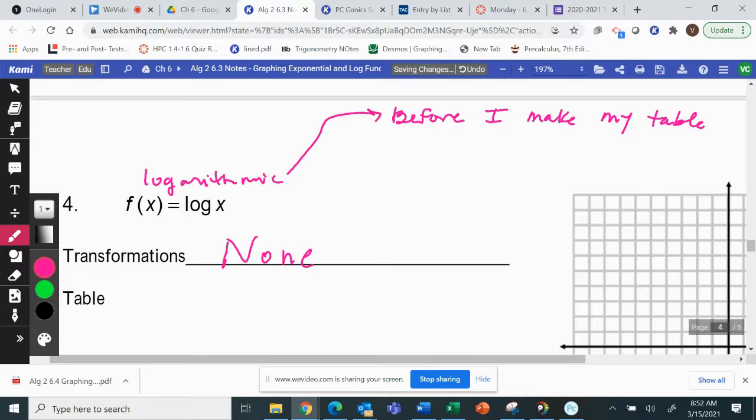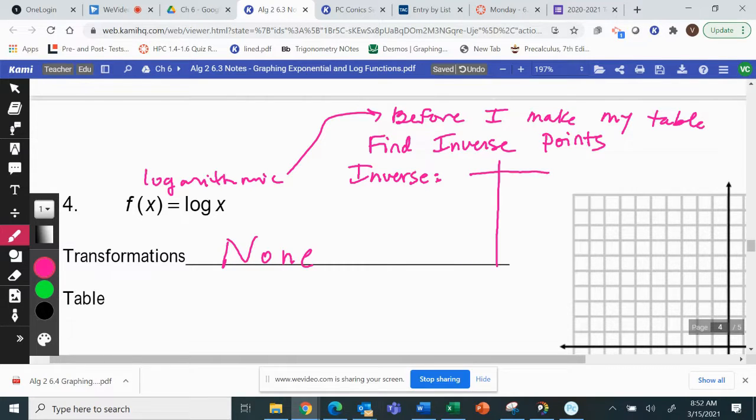Before I make my table, I'm going to make a table with the inverse. So what is the inverse of this logarithm?